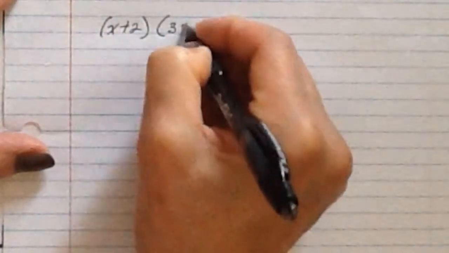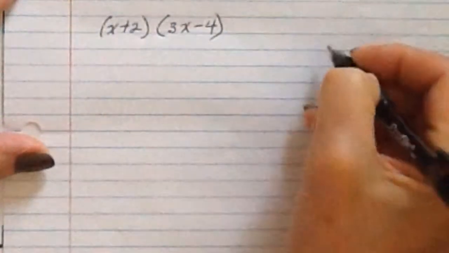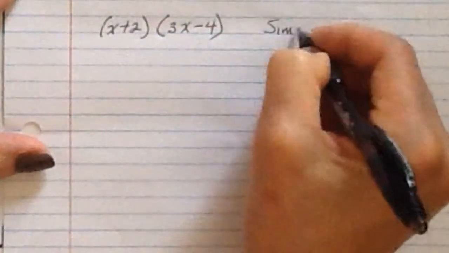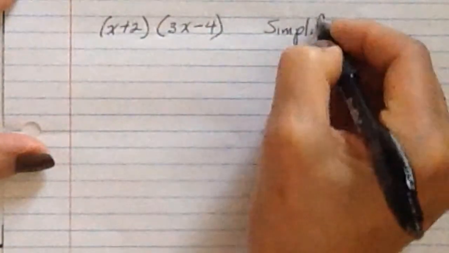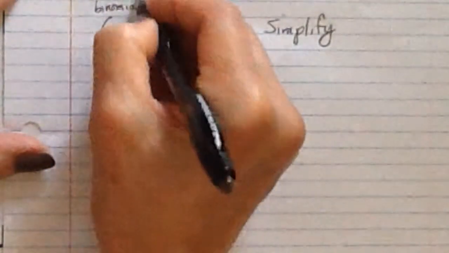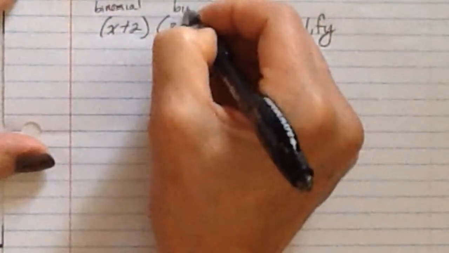Okay, so now let's take a look at the idea of FOIL. What if instead of a monomial times a binomial, I had the following: x plus 2 times 3x minus 4. And my instructions again were to simplify. Here we have a binomial, 2 terms, times a binomial, 2 terms.